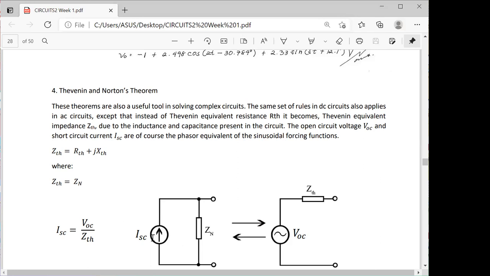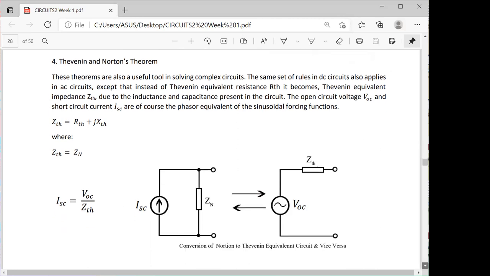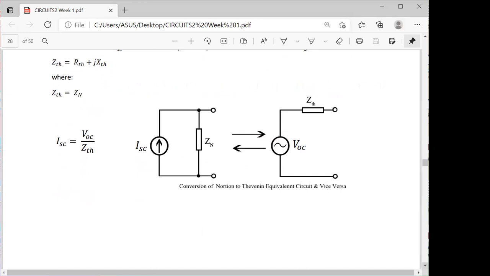And at the same time, we have this conversion of equivalent circuit, say from Norton to Thevenin's or Thevenin's to Norton's. In here, the left equivalent circuit is Norton's, while on its right side, we have the corresponding Thevenin's equivalent circuit.